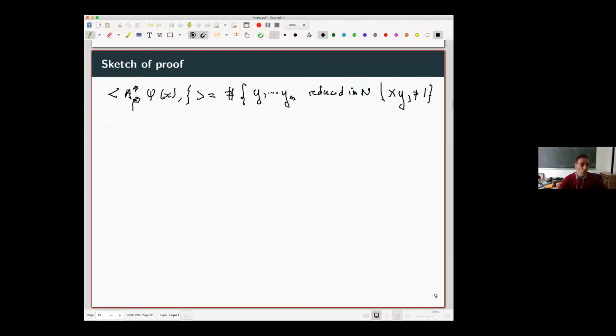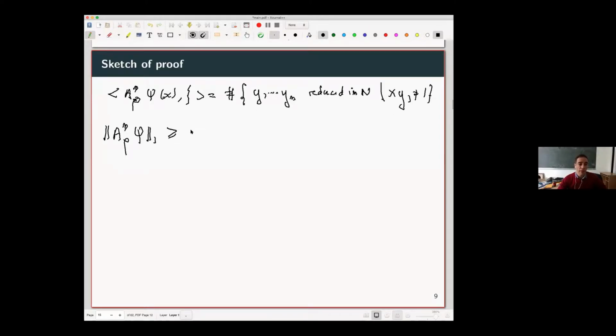But now if I want to compute the norm of A rho, so the L1 norm in my space of functions, I need to sum this over all possible x.